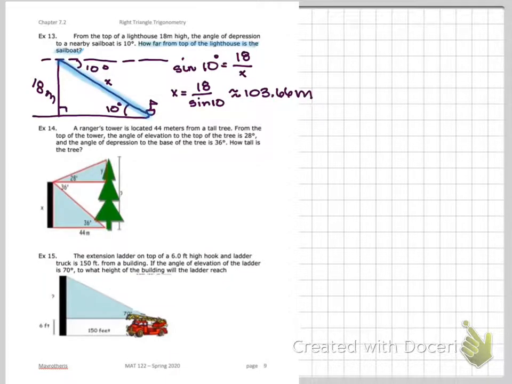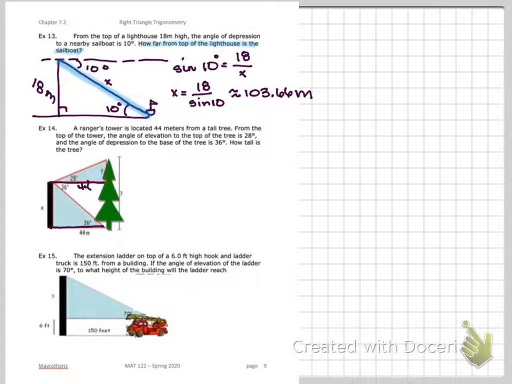Okay, example 14. We are taking a look from the top of a ranger's tower. It's 44 meters away from a tall tree. Couple of things. If this distance right here is 44, then this distance right here is 44. Again, we're assuming that tree is straight up and down. 44 meters.